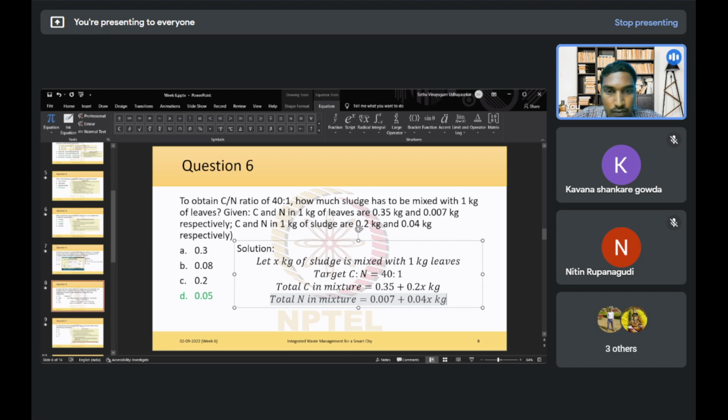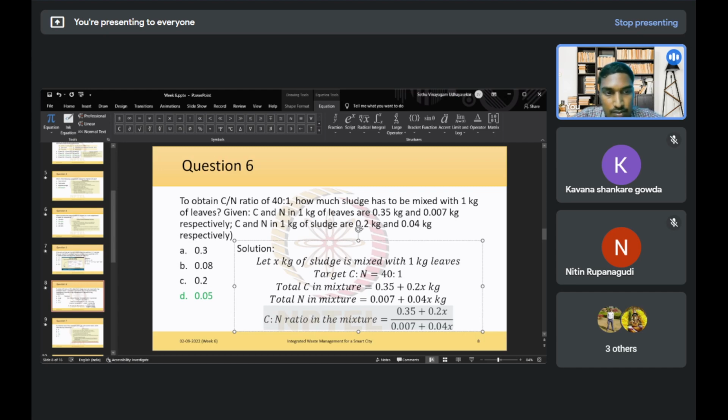The carbon to nitrogen ratio in the mixture is the ratio of these two quantities, so it is (0.35 + 0.2x) divided by (0.007 + 0.04x). We now need to find x.